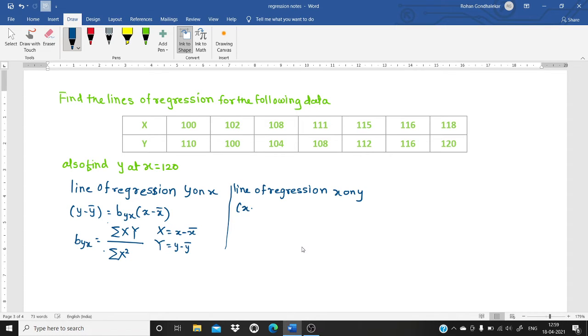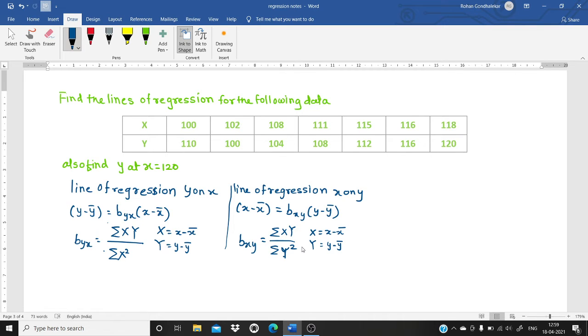The equation becomes x minus x bar is equal to bxy into y minus y bar. So what is bxy? The numerator is the same, summation x into y, and the denominator will be summation y square, where again capital X is x minus x bar and capital Y is y minus y bar.